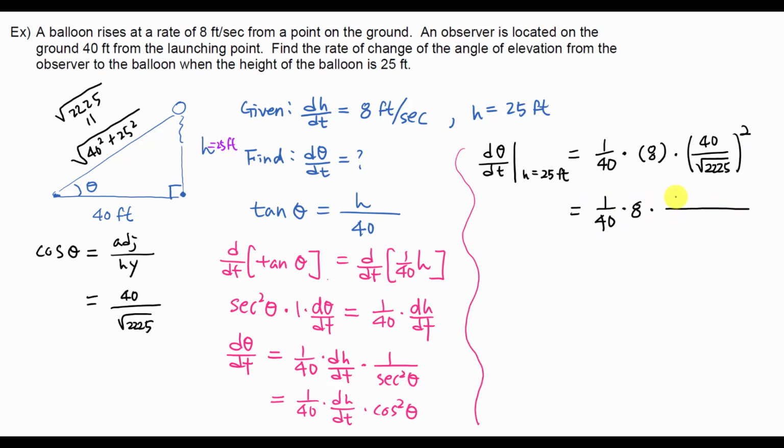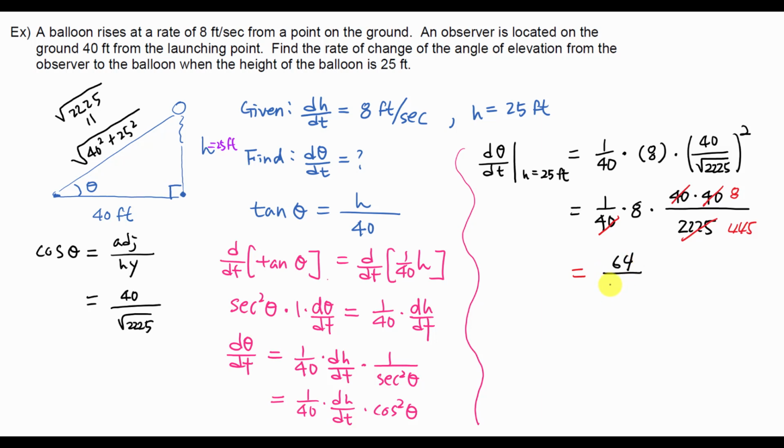When you square the 40, you get 40 times 40. When you square the radical, you get the number without the radical. So then I can cancel the 40 and that 40. And 5 goes there 8 times. 5 goes there 445. So on the numerator, I have 8 times 8, which is 64.